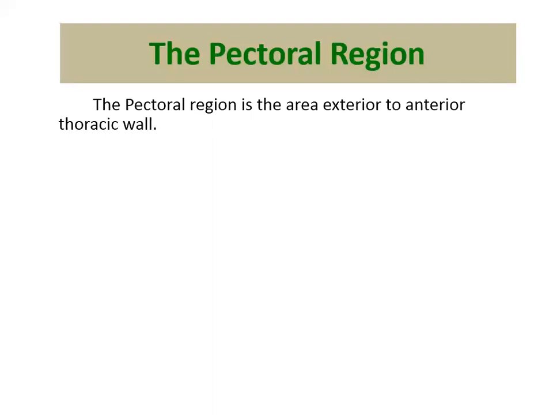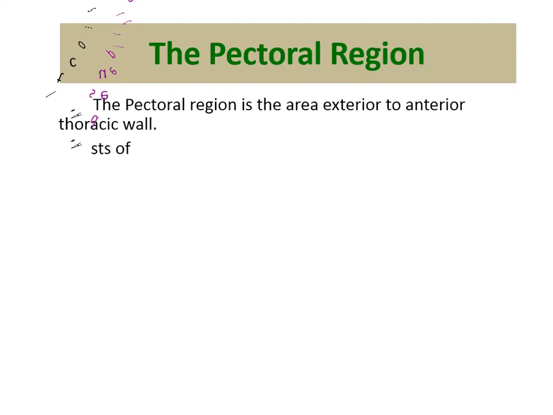So the thoracic wall is made up of the bones, the ribs, the costal cartilages, the sternum, as well as the vertebrae behind, as well as the intercostal muscles and the fascia which are covering it. The pectoral region is exterior to the thoracic wall.